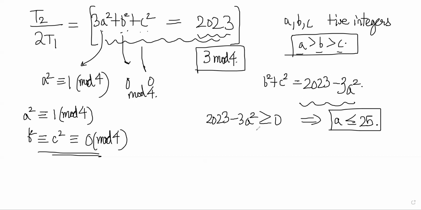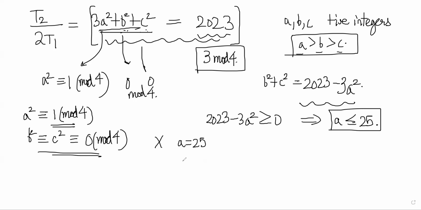After you get this, you can check all the 1 mod 4 candidates for a less than or equal to 25. When you check a is equal to 25, you will not be able to get b and c such that this happens. b and c should be even numbers such that 3a^2 + b^2 + c^2 is 2023. That won't happen for 25.